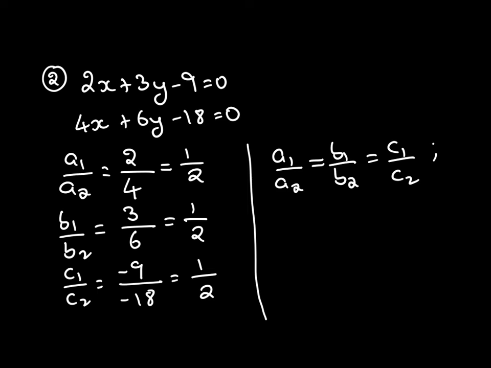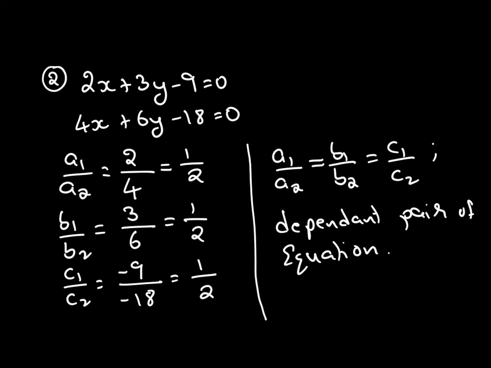So this is a dependent pair of equations. When we graph them, these two lines will overlap on each other. Such lines are also called coincident lines.